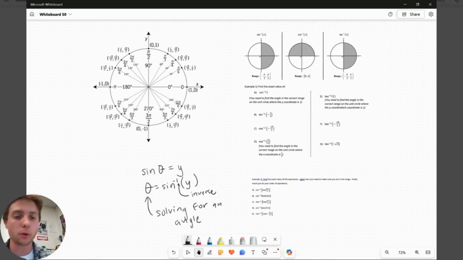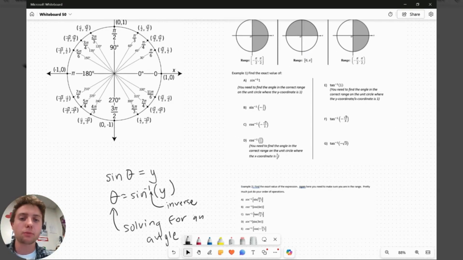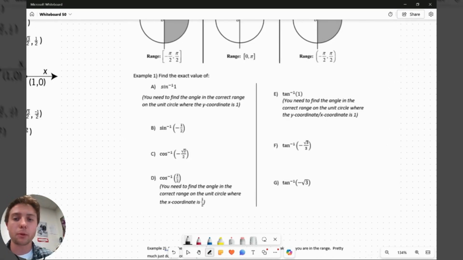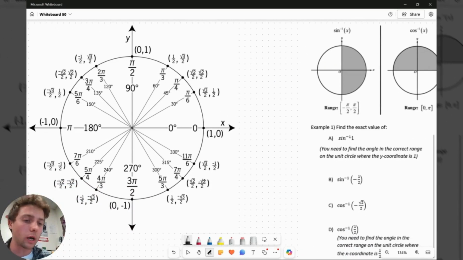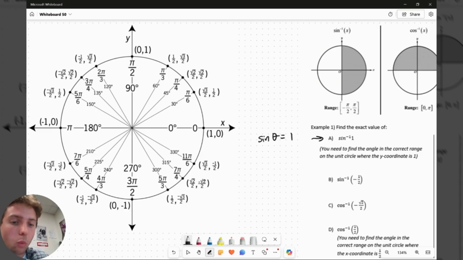So for example, A says find the exact value of sine inverse of 1. Another way you might think of this problem is sine of theta equals 1, just by moving the sine back to the other side. So we're trying to figure out what angle theta gives us the sine value as 1.